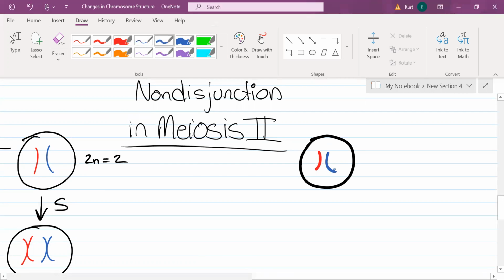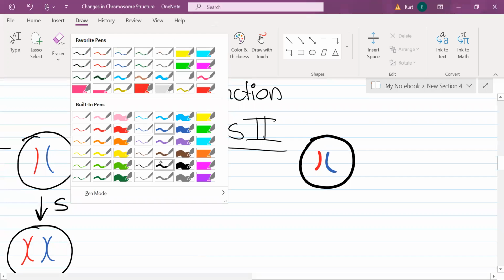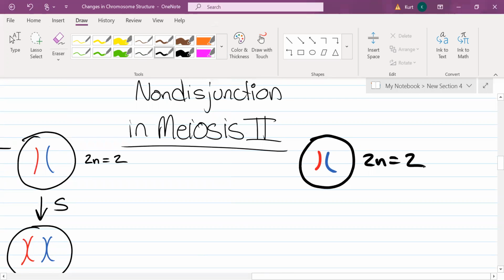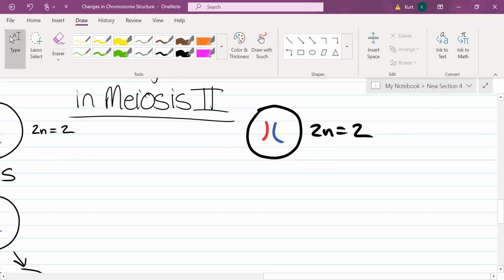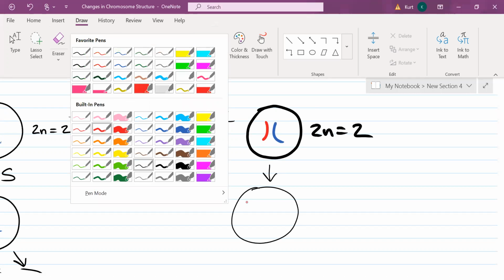So the diploid number is still 2 chromosomes. Okay, it's going to go through S phase, and all the DNA gets doubled. So now we have 2 sister chromatids.